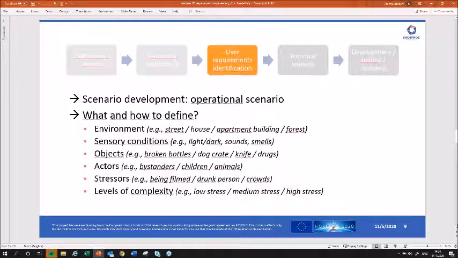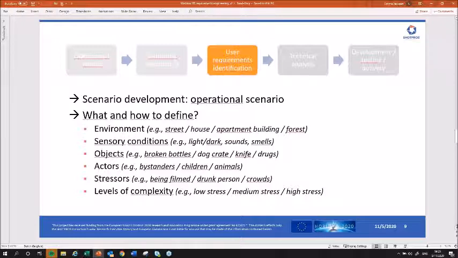Then objects. What kind of objects do we need to include in a scenario? Maybe a car, maybe a dog bench, or we need some knives on the kitchen table, or broken bottles or drugs on the table, or a lot of rubbish everywhere. So also these objects are important. And then of course actors.